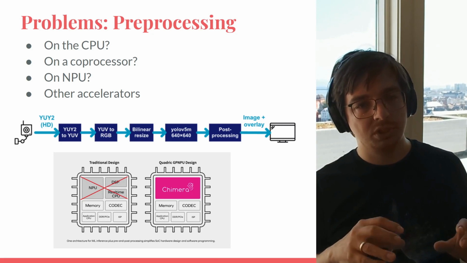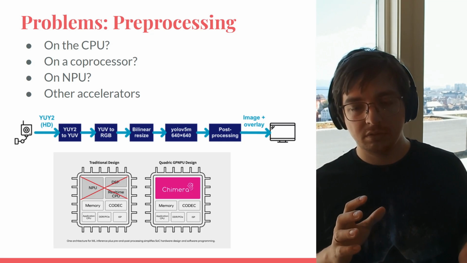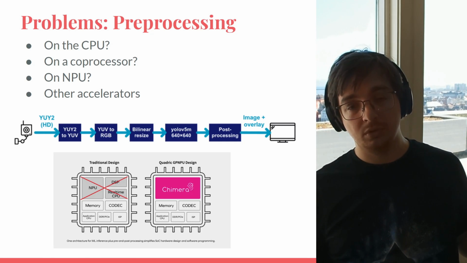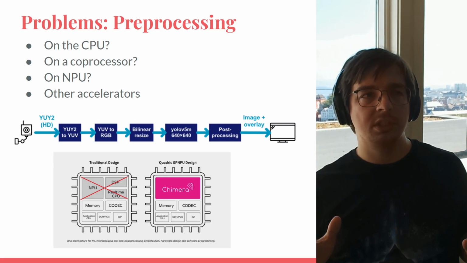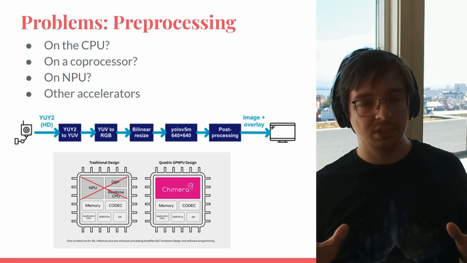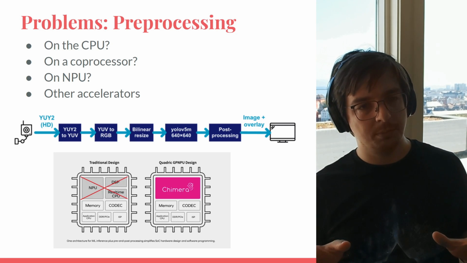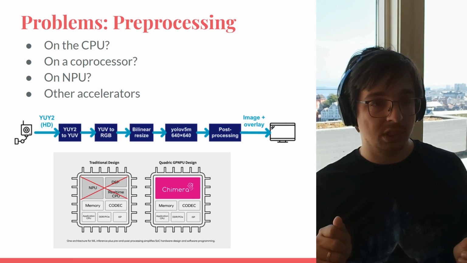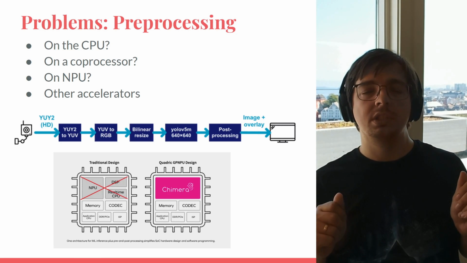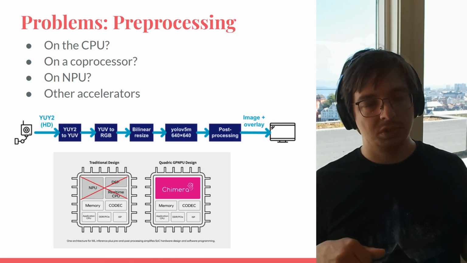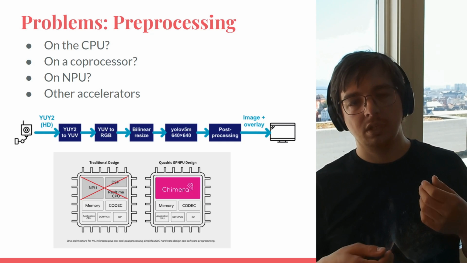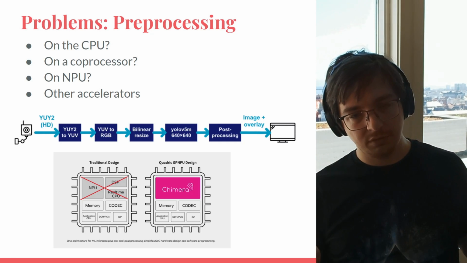In general, preprocessing doesn't look like a big part of your model. But when you need performance like 100 frames per second, you need to start thinking about all this preprocessing. You need to make sure that it doesn't run on your CPU, that some accelerator or GPU is helping you with all this normalization and decoding.